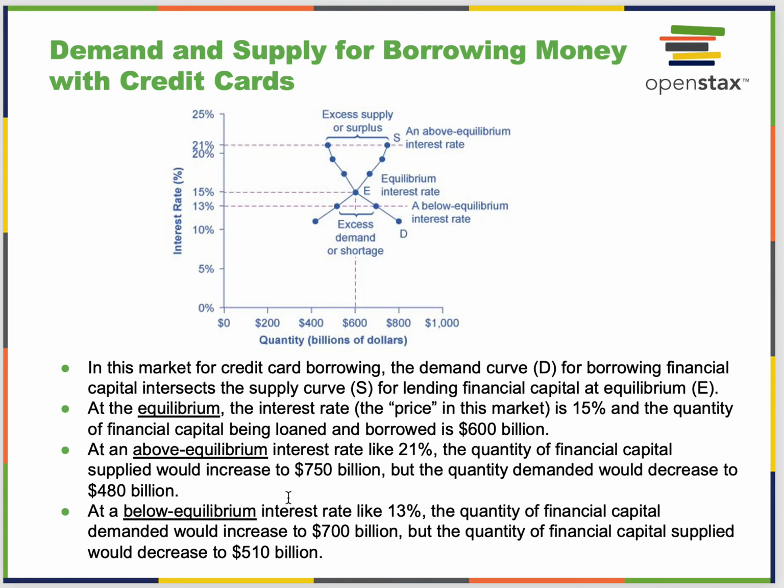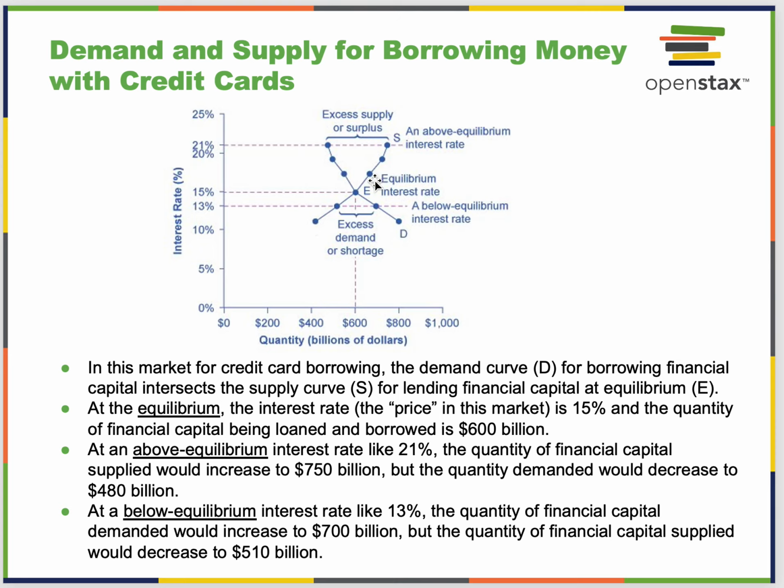So, demand and supply for borrowing money with credit cards. That's exactly what we're talking about. If you had an equilibrium in this market, credit card borrowing, the demand curve for borrowing financial capital intersects with the supply curve for lending financial capital, because if you have a credit card, someone is paying. The bank is paying.